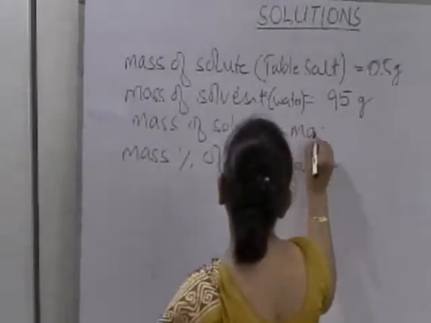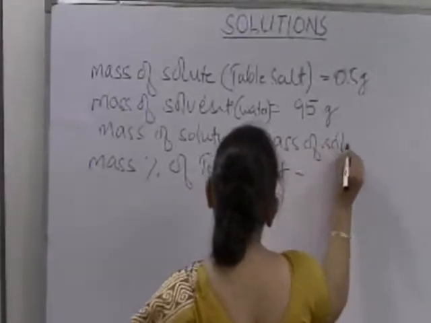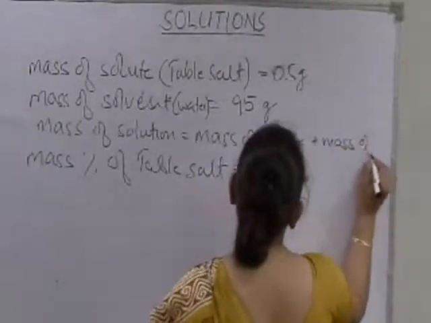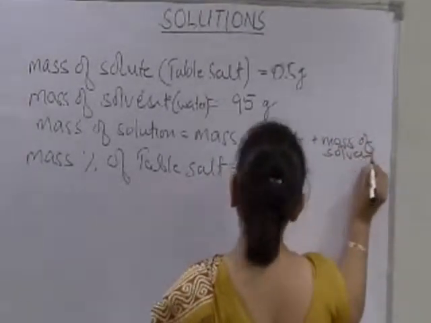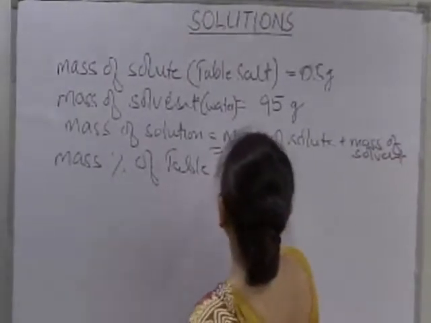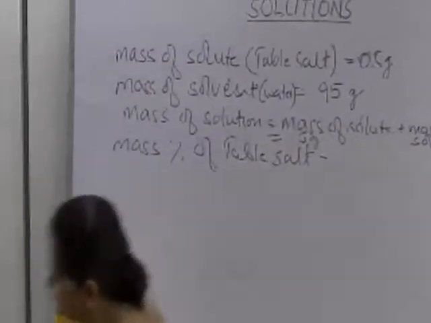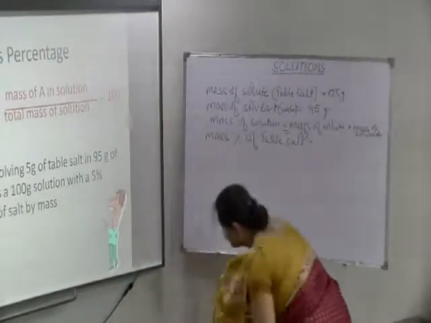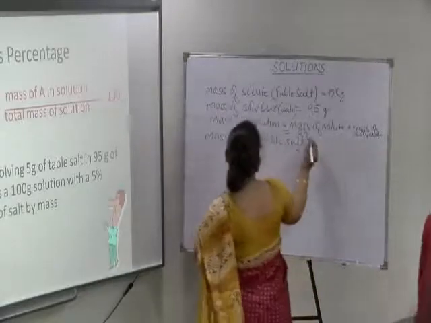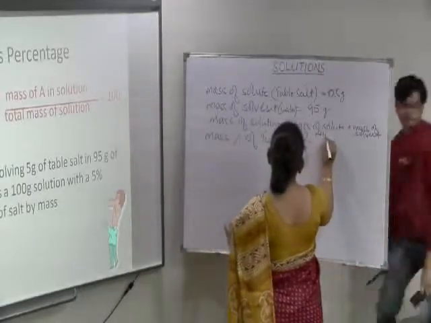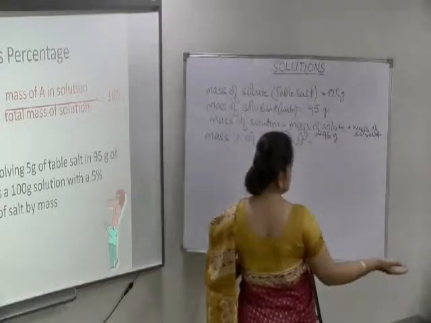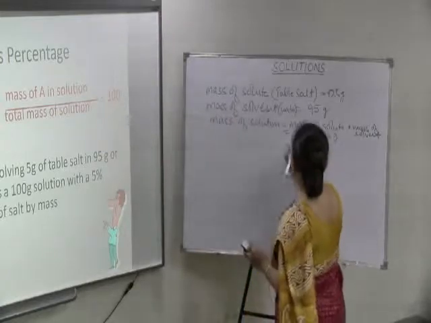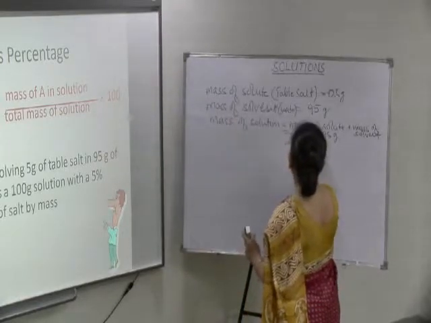And we know that the mass of solution is equal to the mass of solute plus the mass of solvent, which here in this case mass of solute is 5 grams, whereas the mass of the solvent, which is water, is your 95 grams. So the total mass of solution comes out to be 100 gram.